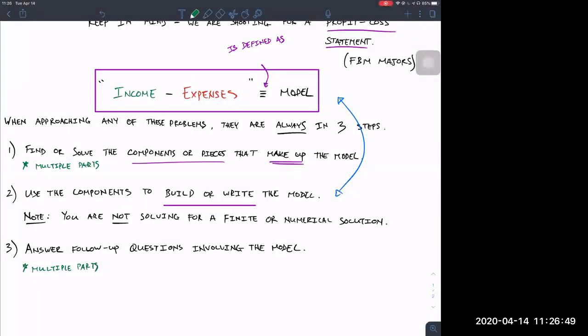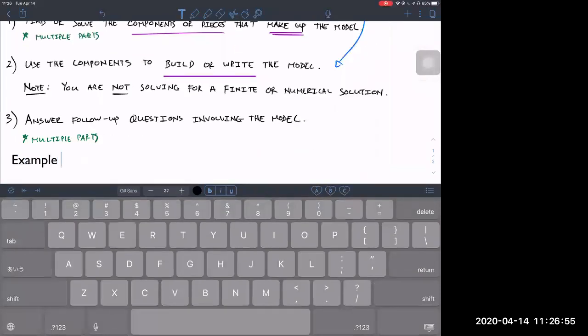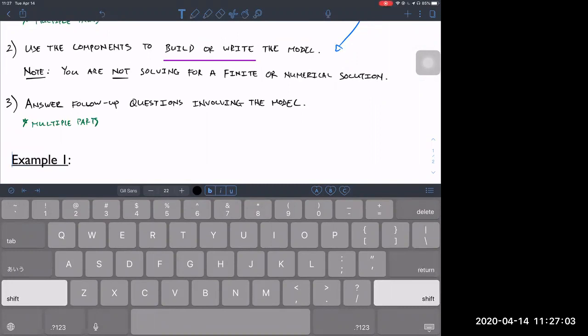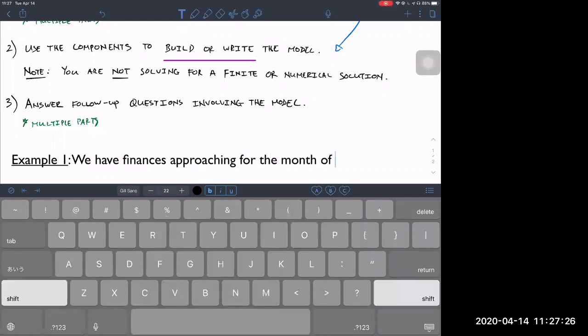All right, so let's start with a simple example. So here's example 1. Suppose we have finances coming up for, let's jump a month ahead, the month of May, right?